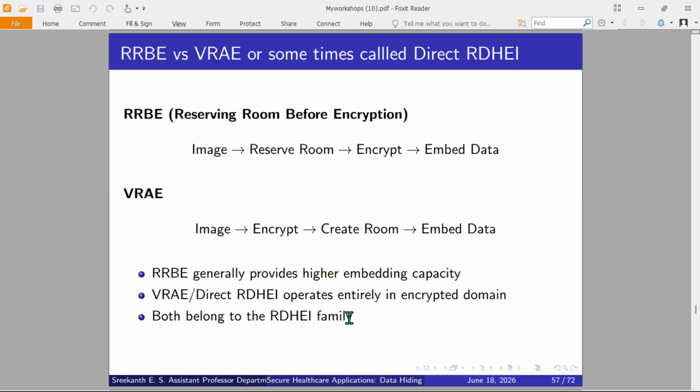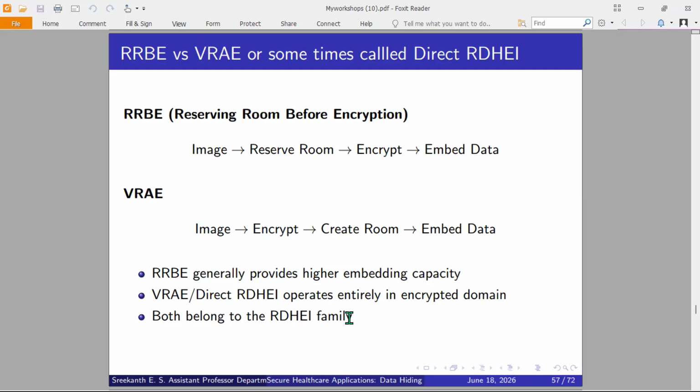There are two approaches for this. One is reserving room before encryption, and the other is vacating room after encryption. Reserving room before encryption means we apply some compression technique to reserve space, and then we encrypt.